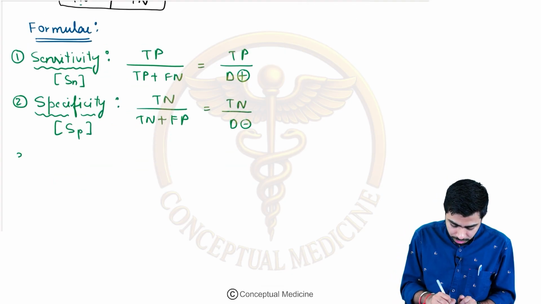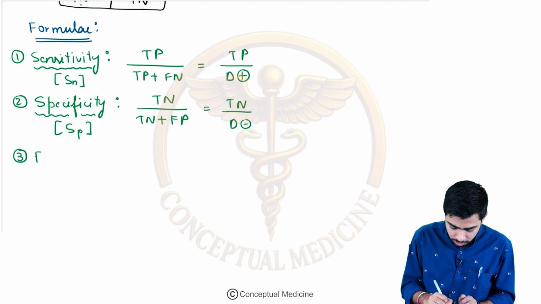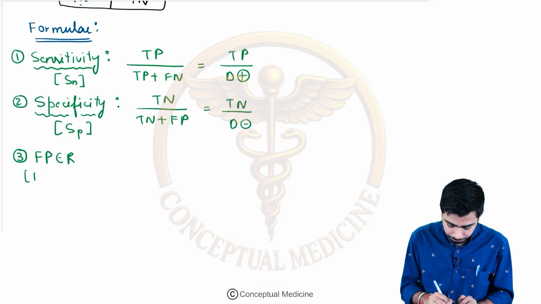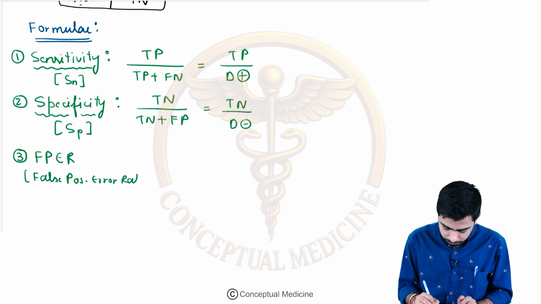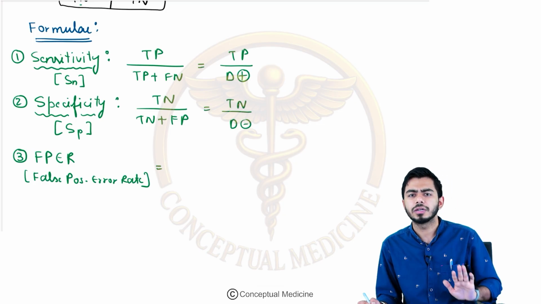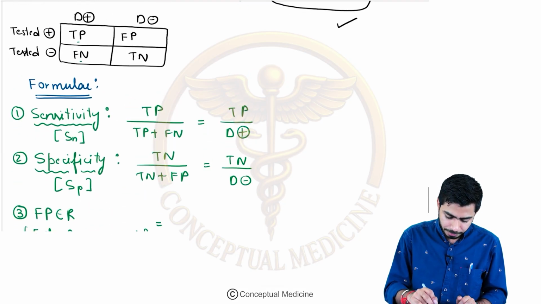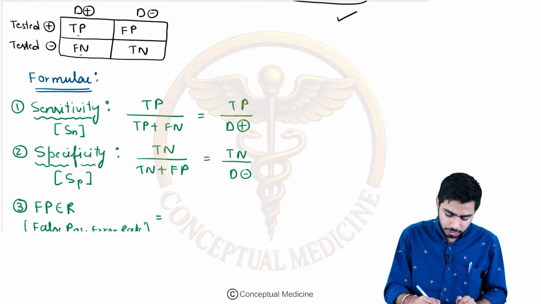Now the next formula which I can derive after sensitivity and specificity is the false positive error rate. What is it? False positive error rate simply means false positive divided by false positive plus true negative.